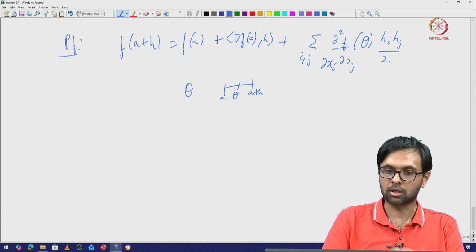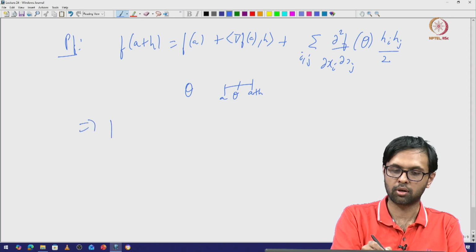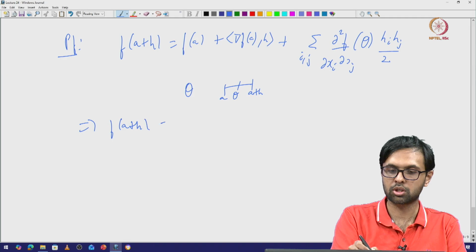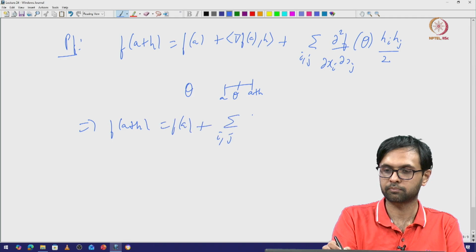So this is the Taylor theorem statement. By assumption, f(a+h) is f(a) plus this. Let's call this Hij because it's the Hessian, times hi hj divided by 2.